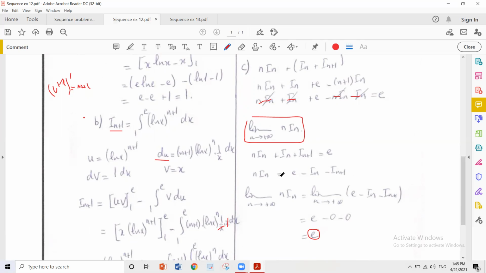It cannot be negative. The sequence index is a positive number. Okay professor. We know that the limit as n tends to infinity of I_n is 0. Then I_{n+1} also tends to 0.